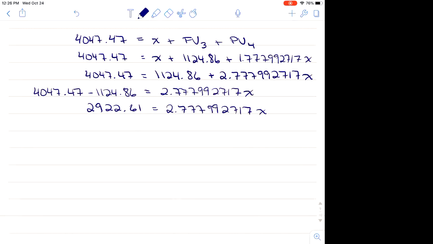Finally, we can shake out that X, right? I can divide both sides by 2.7779927717, using bracket, recall 1 plus 1, end bracket. So 2922.61 divided by 2.7779927717.